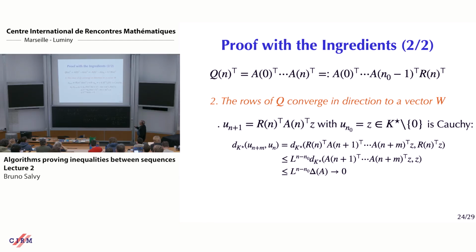So you just rewrite the definition. U_{n+m}, sorry, it's transpose of R times the next ones, and z is here. And U_n, by definition, is transpose of R times z. Now you see that you have transpose of R on the left.